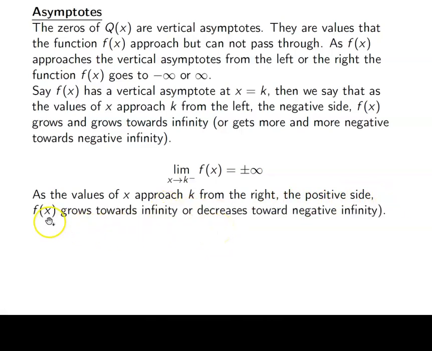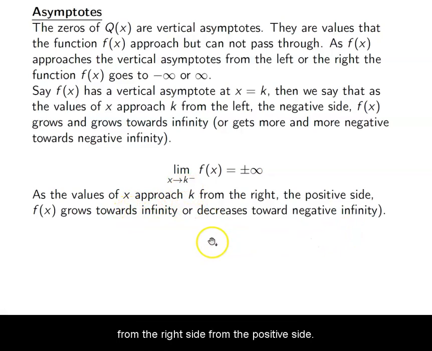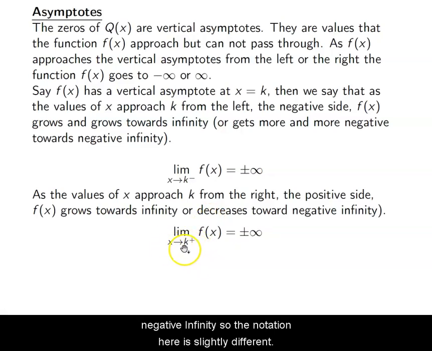Same thing as we approach that vertical asymptote k from the right side, from the positive side, we're either going to go to positive infinity or towards negative infinity. So the notation here is slightly different. k plus means we're coming from the positive direction. Here, k minus means we're coming from the negative direction, where the negatives are. So here we come from the left towards k. Here we come from the right towards k.